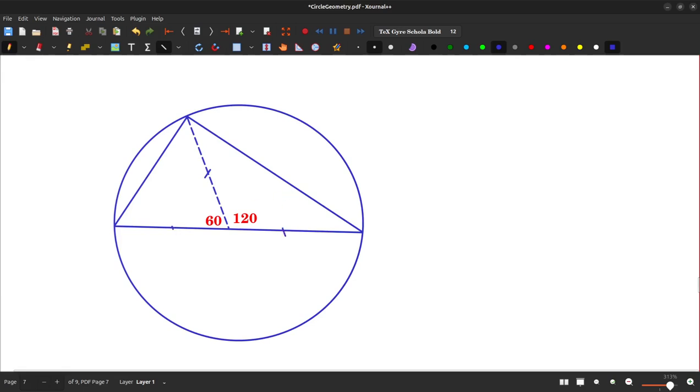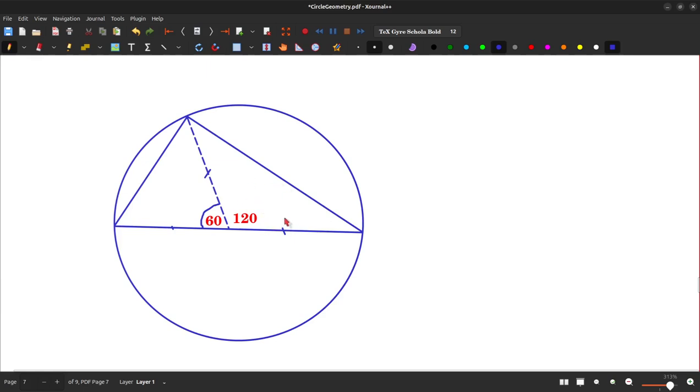And even this one is a radius. All of them are radii, so they must have an equal length. What does this tell us? It tells us that this triangle here is actually an isosceles triangle.